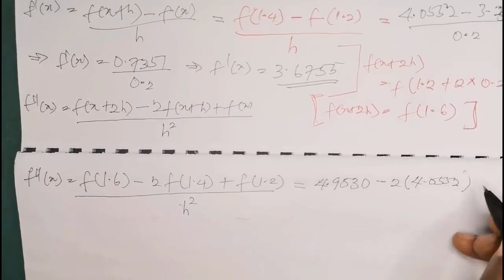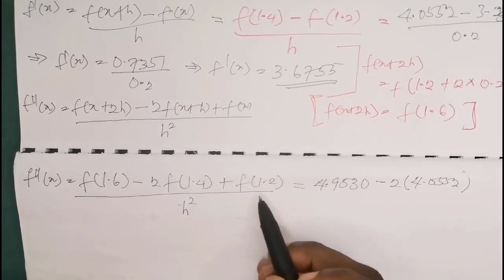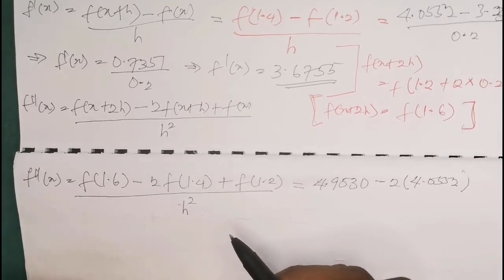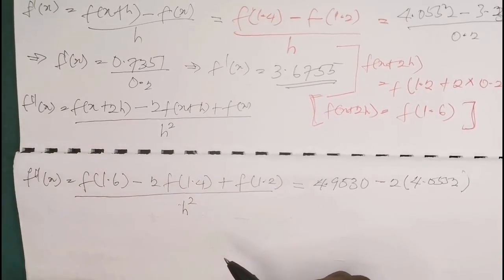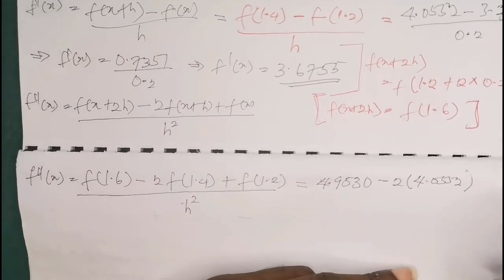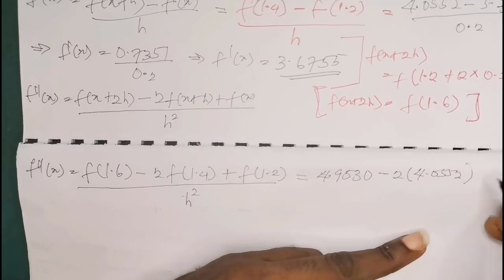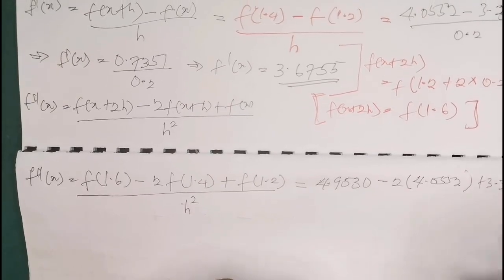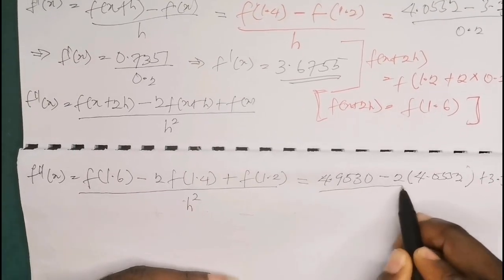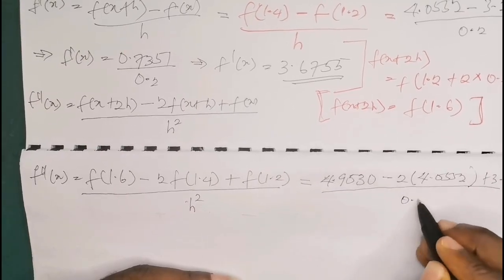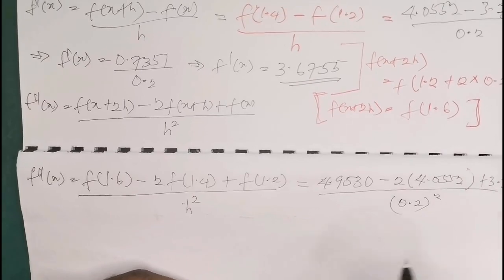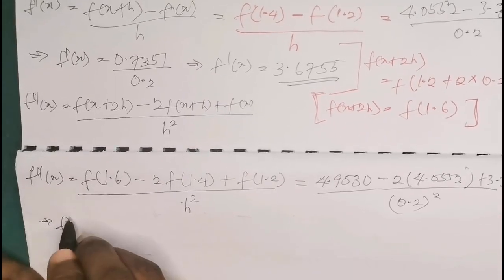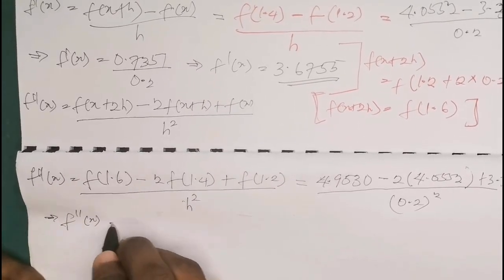Plus f of x, and when x is 1.2, f of 1.2 simply gives us 3.3201. So you simply add plus 3.3201. Now divide this by the square of the interval. The interval is 0.2, all squared.